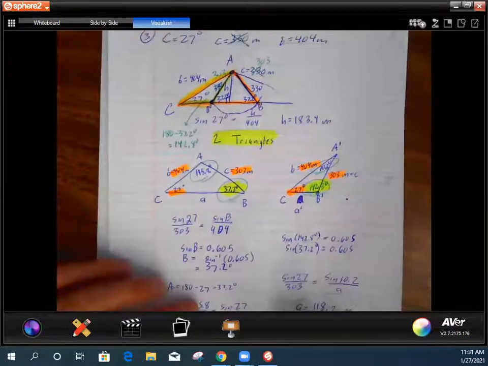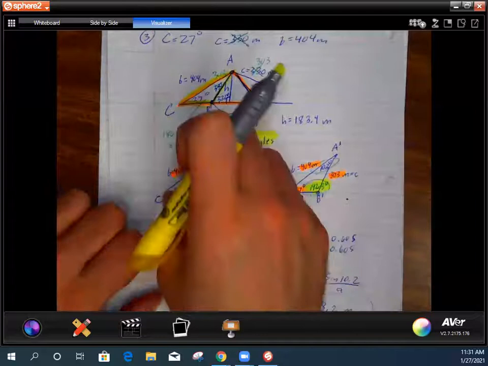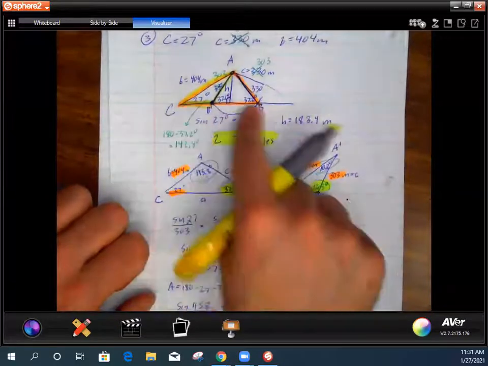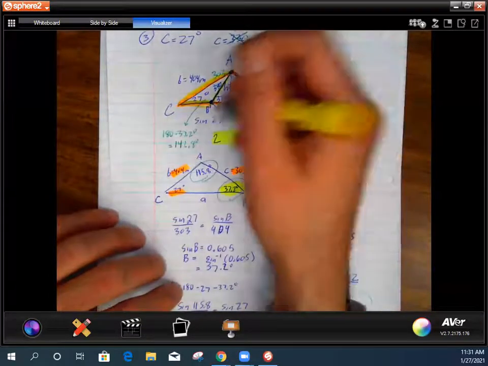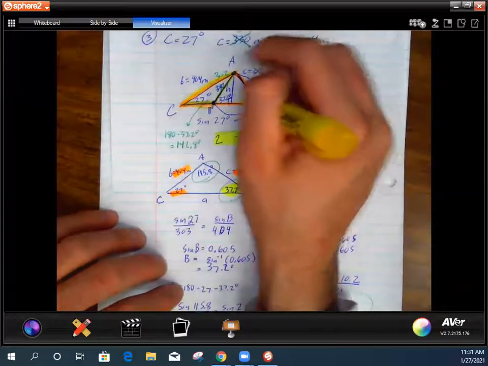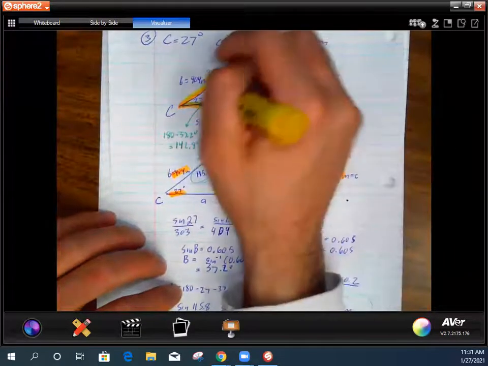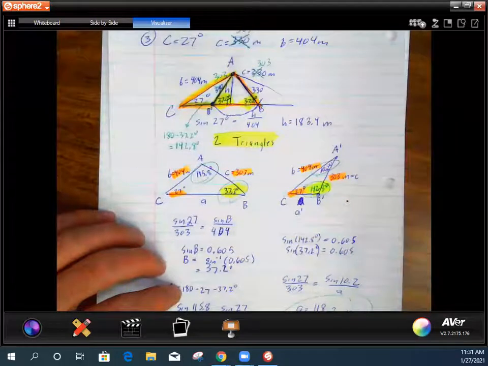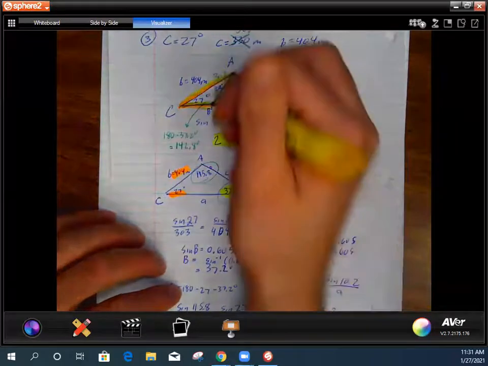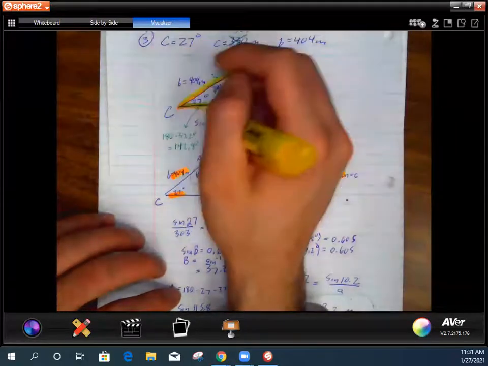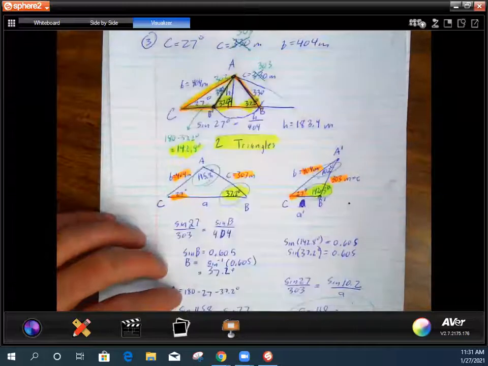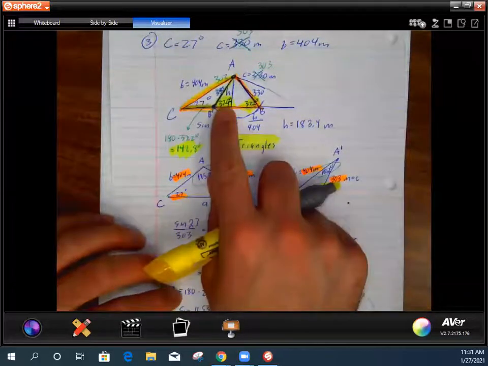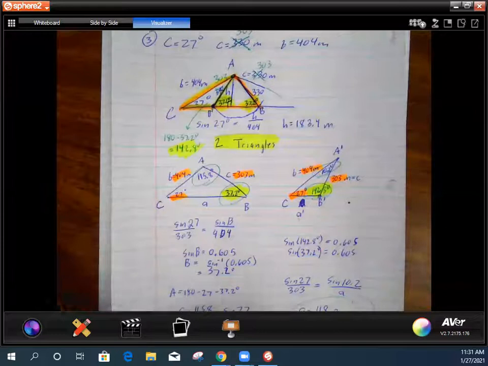Because if you look at these two triangles drawn on top of each other like this, when we do law of sines, we get this angle's 37 first, which means this angle's 37 because it's an isosceles triangle, which means that this angle B in this obtuse triangle has to be supplementary to it because it forms a linear pair with that angle. Okay?